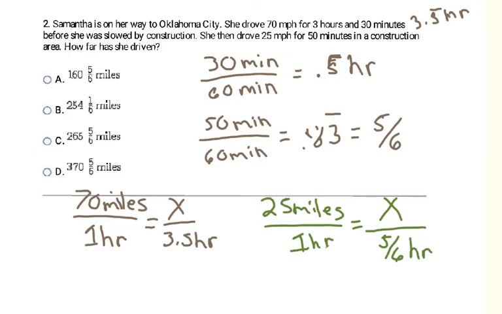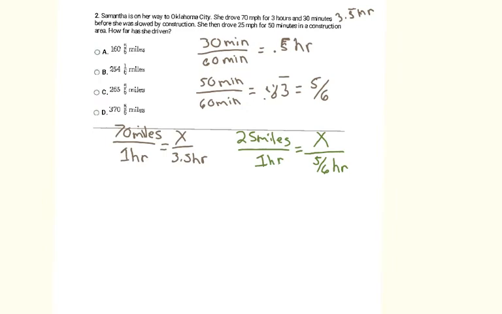I had to have it in hours on the bottom. I said to keep it in hours and hours. You could have done it in minutes and minutes, but just to be consistent, I did hours and hours. Another reason to keep the 5/6 instead of the decimal is that my answers are all in fraction form.